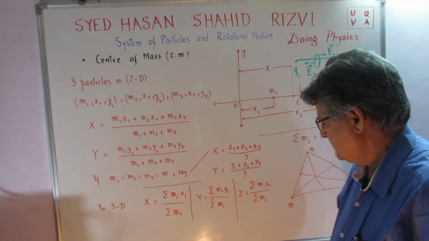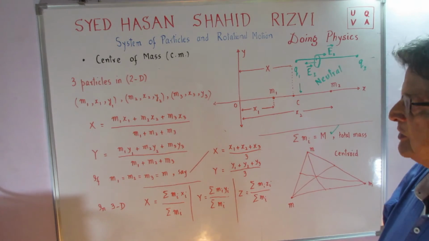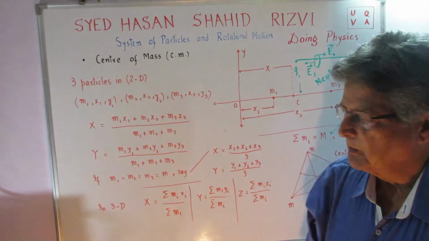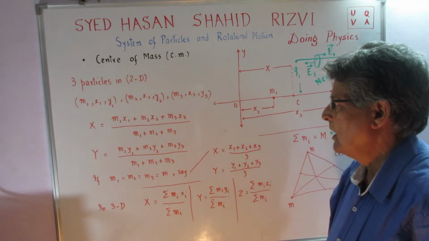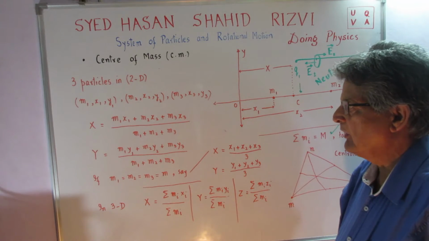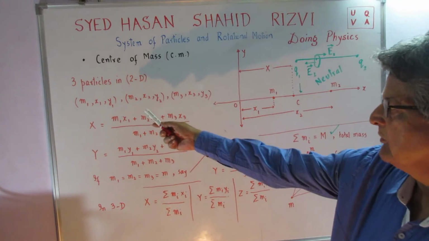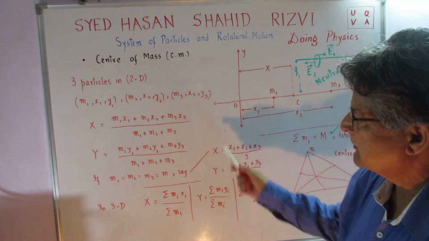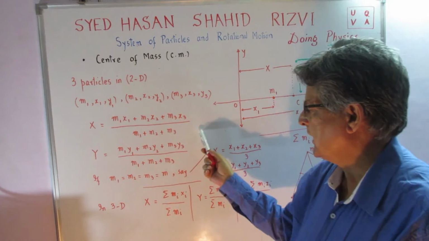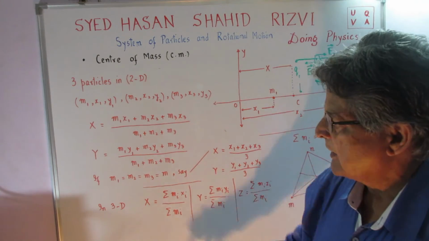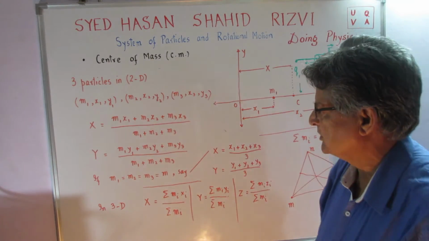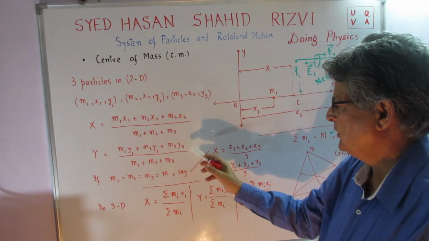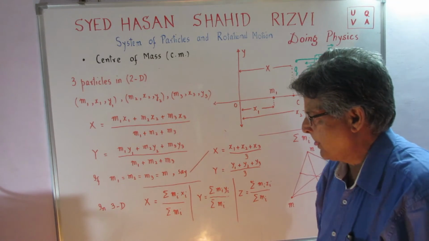If I extend my definition for 3 particles in a 2-dimensional space, with the particles in the xy plane, m1 x1 y1, m2 x2 y2, m3 x3 y3, then I can obtain the x component of the center of mass as m1 x1 plus m2 x2 plus m3 x3 divided by m1 plus m2 plus m3, and similarly the y component is obtained by this relation.